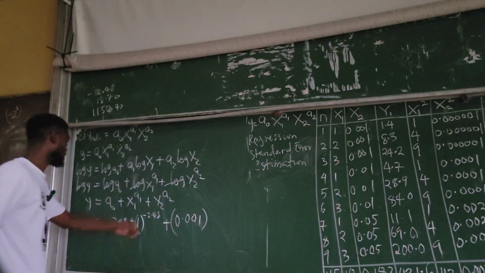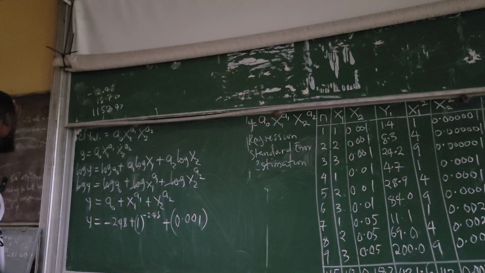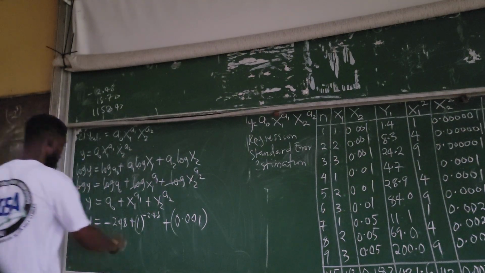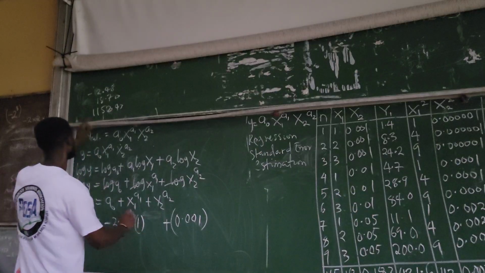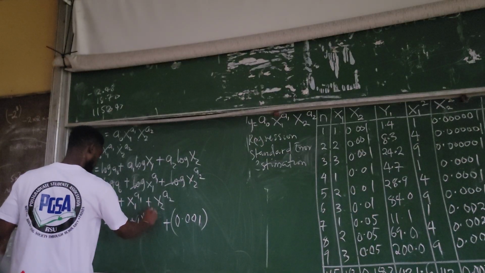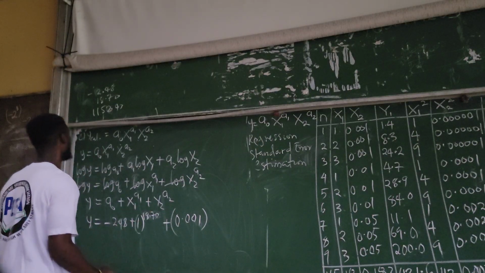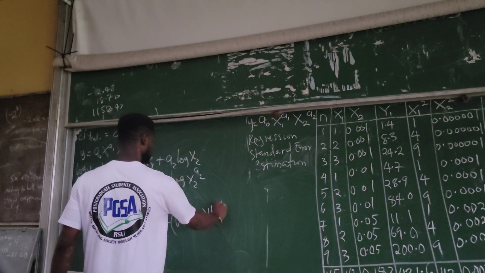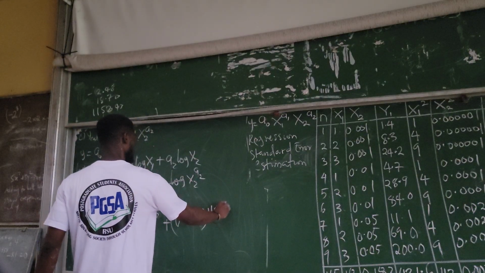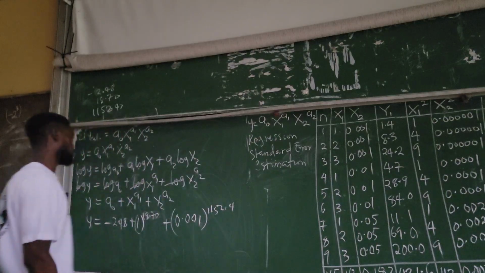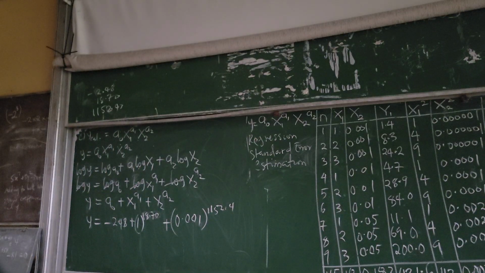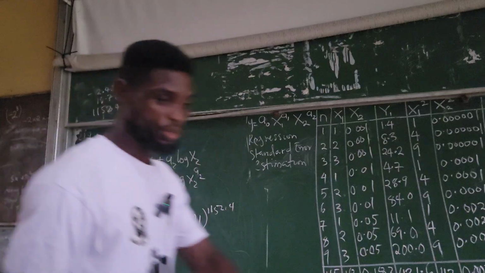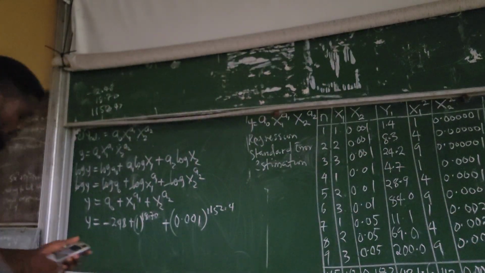Then the square is our x2, A2, that is 1152.4. So punch your calculator so we can get that Y calculation.